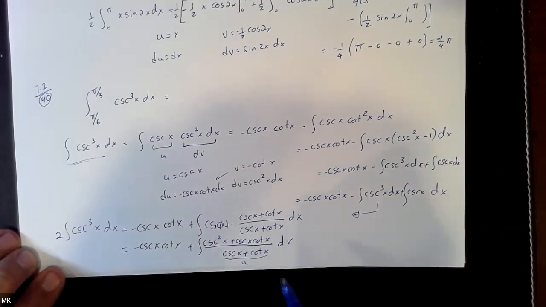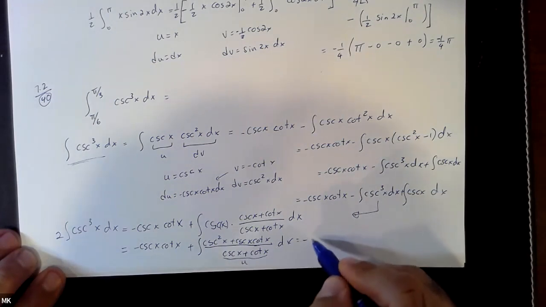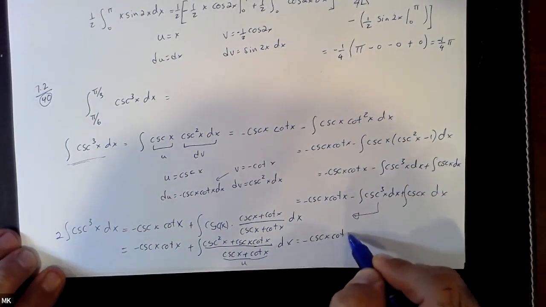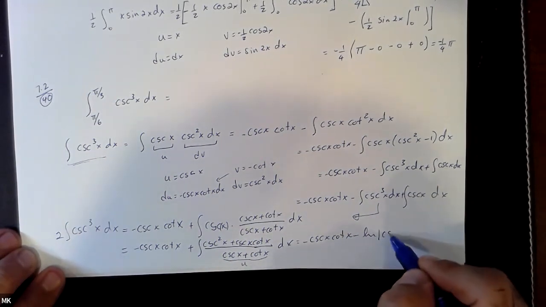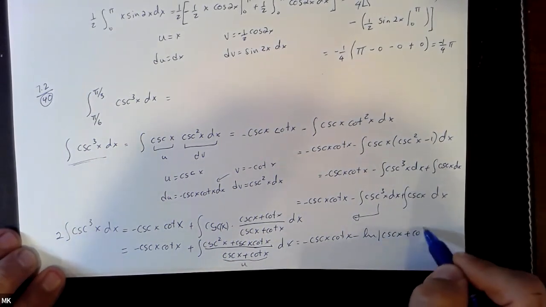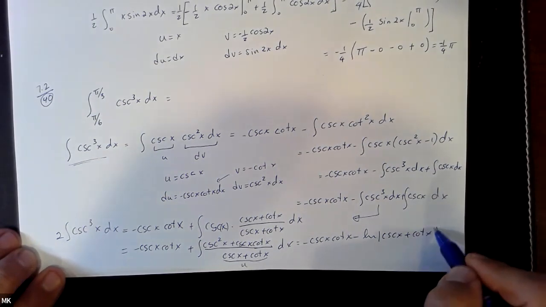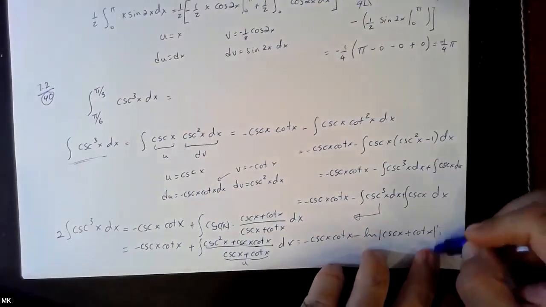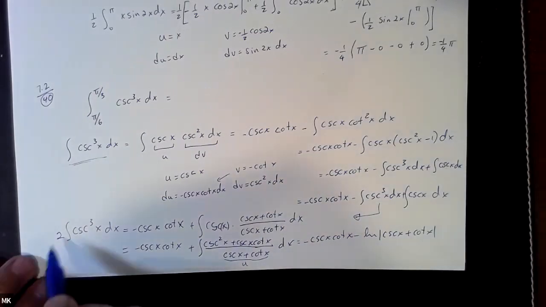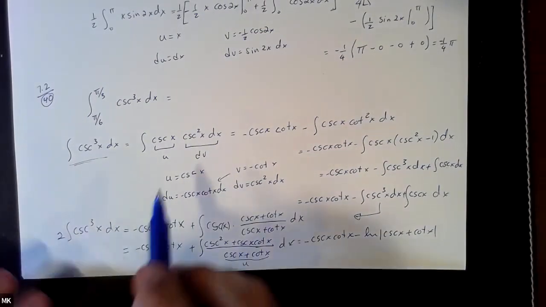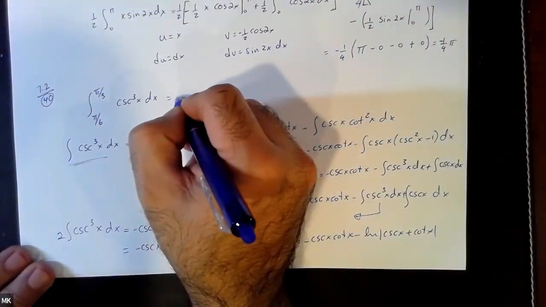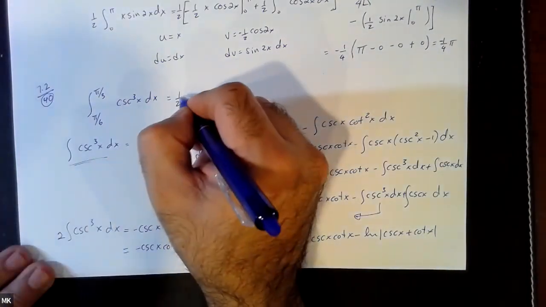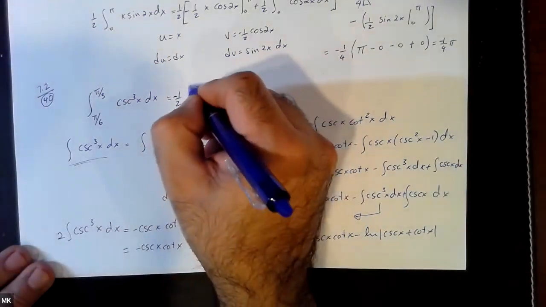Obviously, we get u be this, and above is negative du. So I get negative cosecant x cotangent x minus natural log of cosecant x plus cotangent x. That's twice the integral of cosecant cube. So cosecant cube would be half of this. We'll put the negative out there, why not?